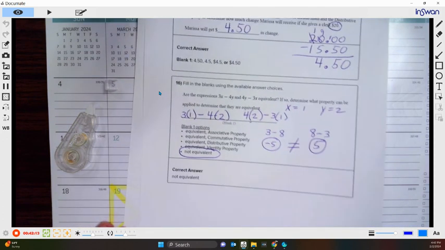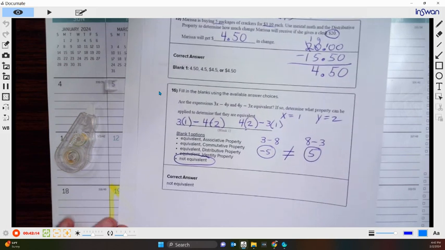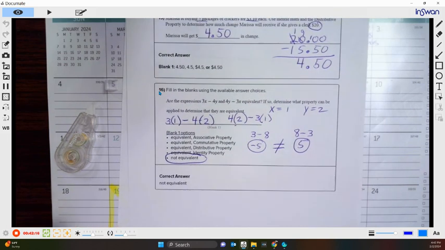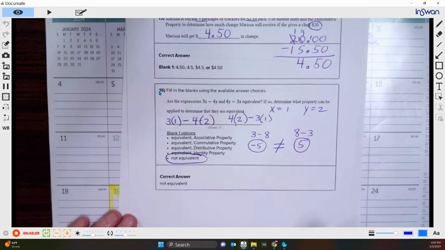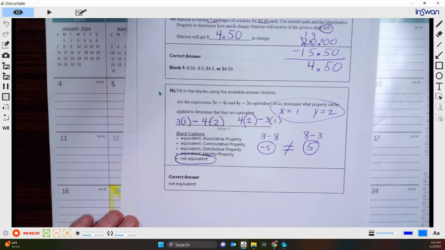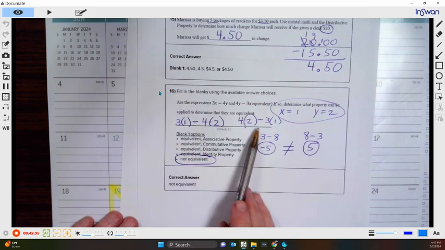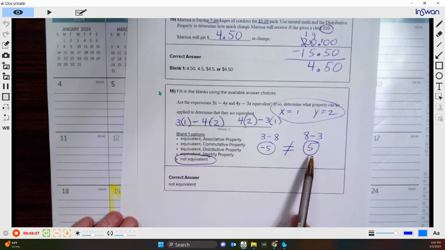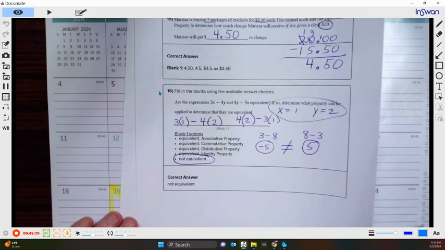And if you try to just do that in your head, chances are you probably missed it because there were a lot of people who missed this question, and all they should have done was plug in an x and plug in a y to test it and determine if they are equal or not. You could plug in any value for x and y, and no matter what you put in, it would still prove to be not equal.